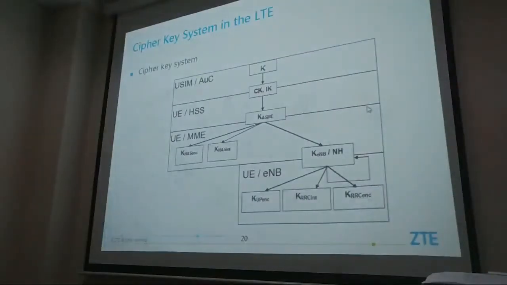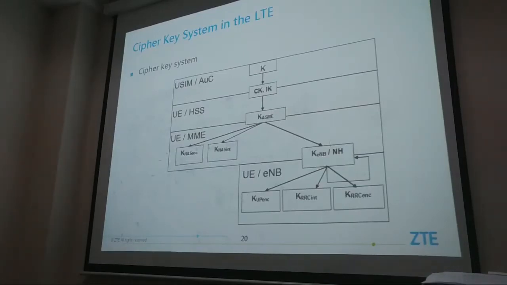So it should have the authentication. How the MME authenticates the UE and how the UE authenticates the MME, how to identify each other, we will have the cipher key system. The MME doesn't have the keys. The keys are in the HSS. When we sell one SIM card, this SIM card information is already stored in the HSS.